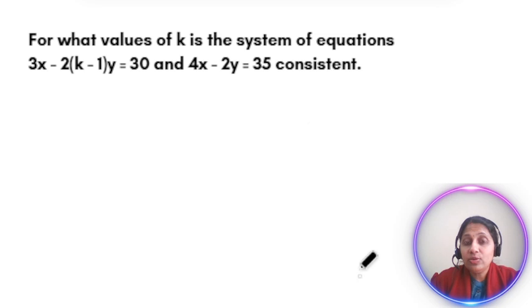For what values of k does the system of equations become consistent, which means they should have at least a solution, one solution or many solutions?